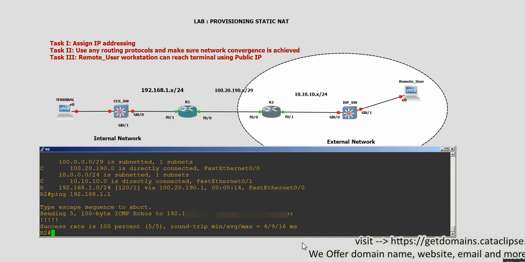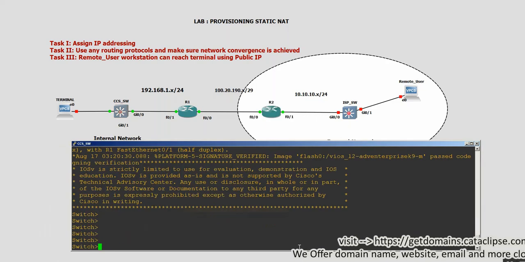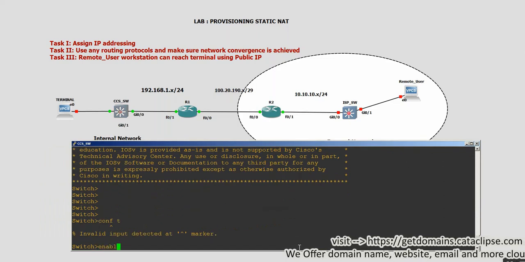So there is some convergence already happening between the two routers. Let's proceed with the switch configurations of the network. Okay, so the switch is up, and I'm just going to give it a host name.